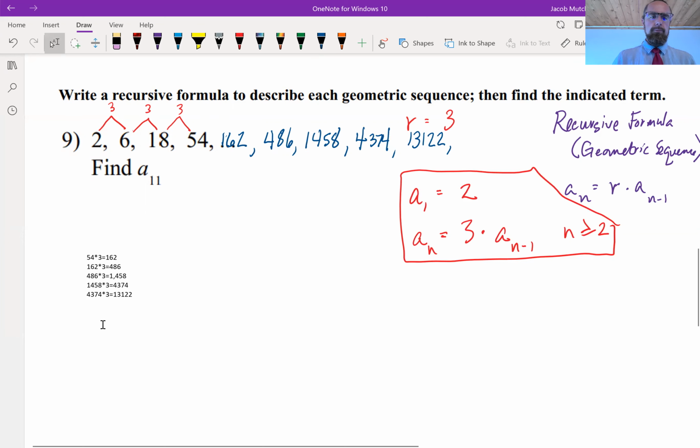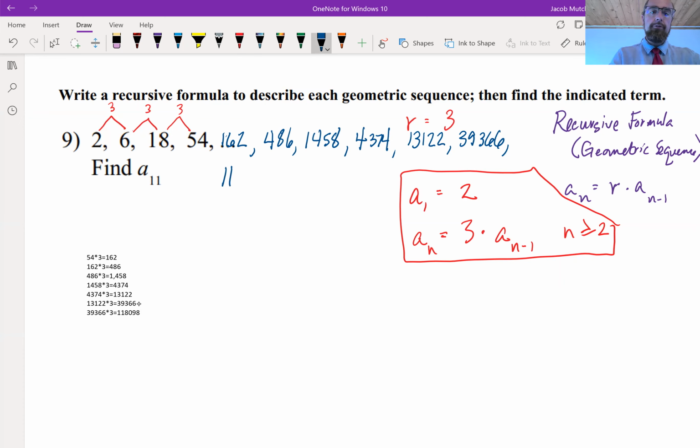I've got 2 more terms. 13,122 times 3 is 39,366. 1 more term. 39,366 times 3 gives us our 11th term, 118,098.